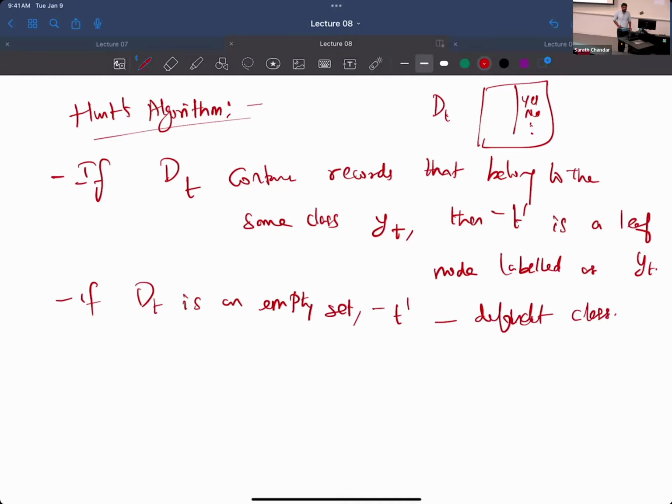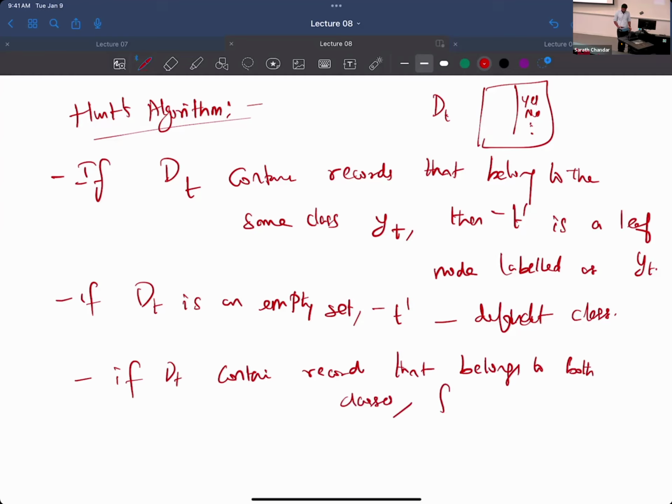For example, the default class in the banking application is always to be conservative, so you can just say no. Then if Dt contains records that belong to both classes, then we are going to find the best test to split the data recursively.